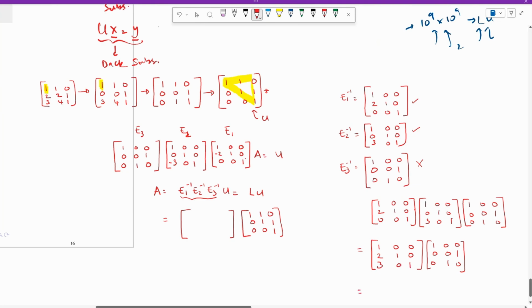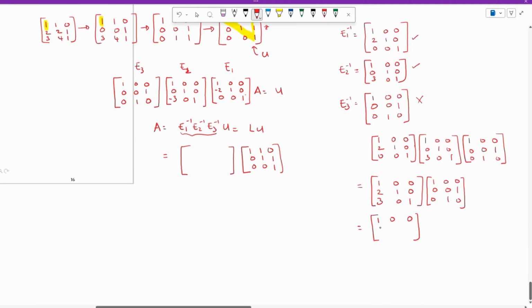What about here? One here, is it? Sure. 2, 0, 1.